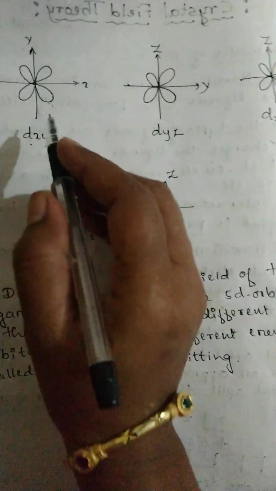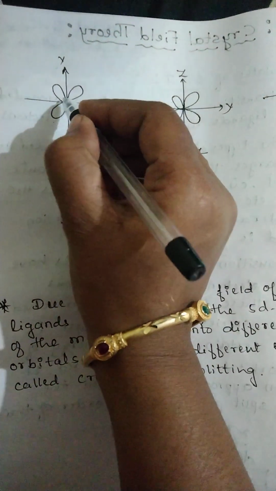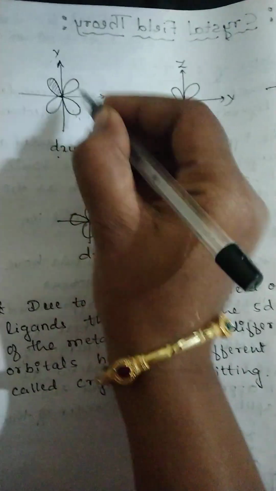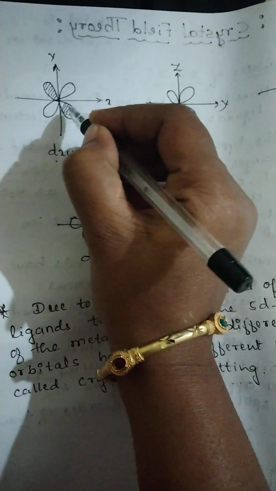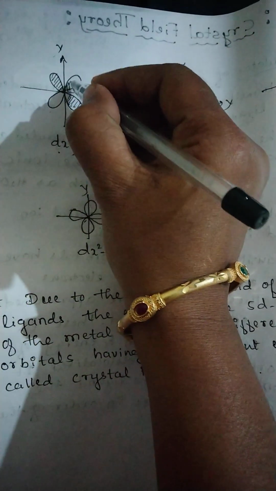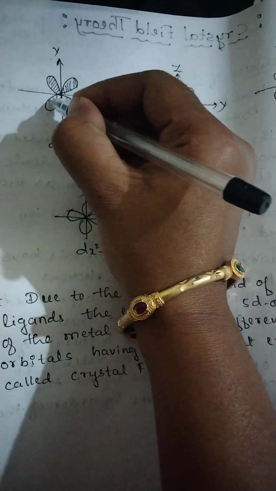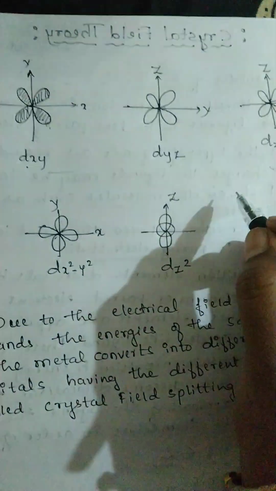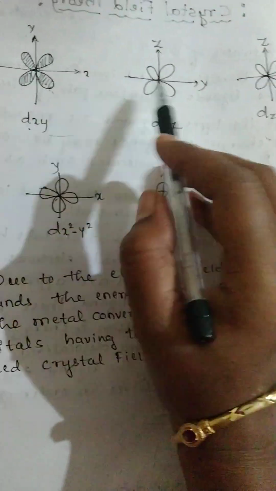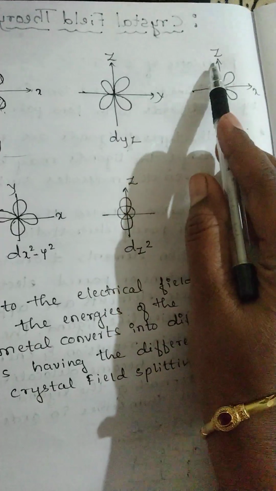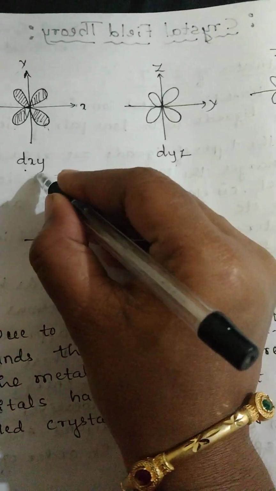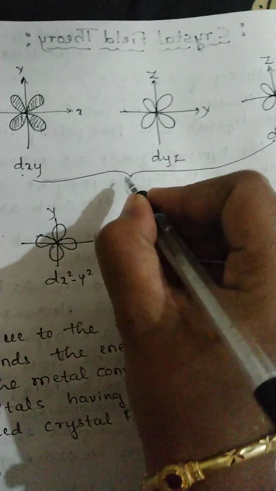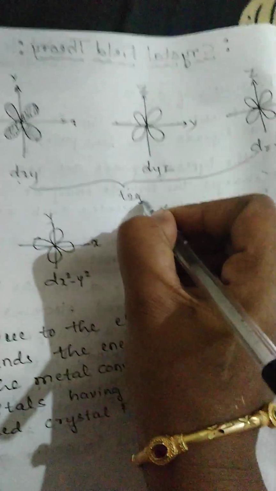Three d orbitals have lobes lying in between the axes, in between the y and z axes, and the x and z axes, so this set is called T2g.